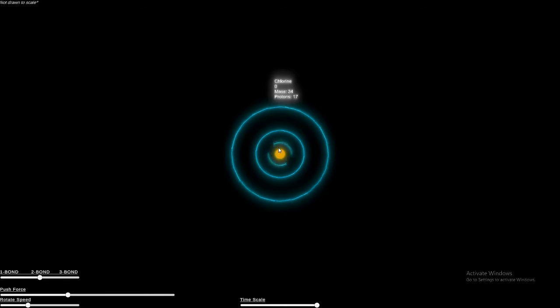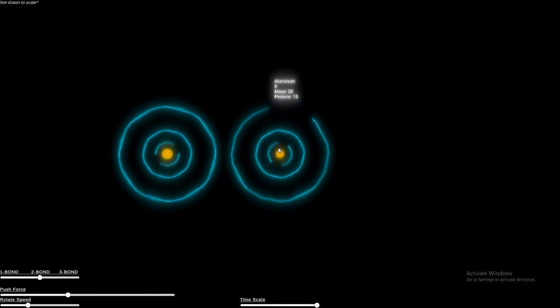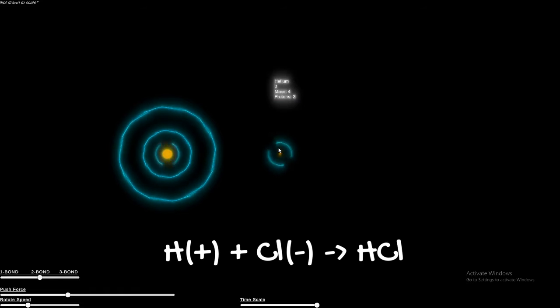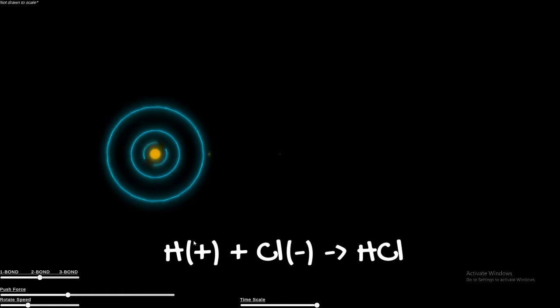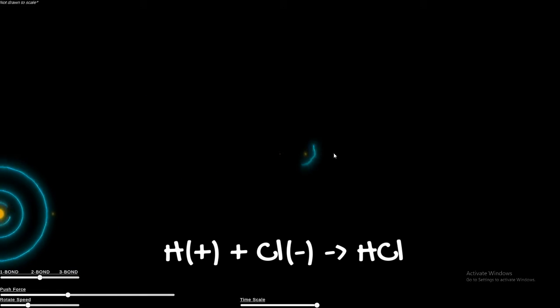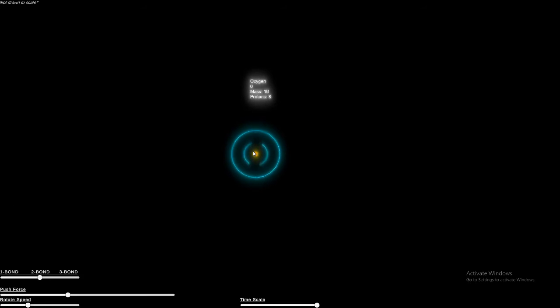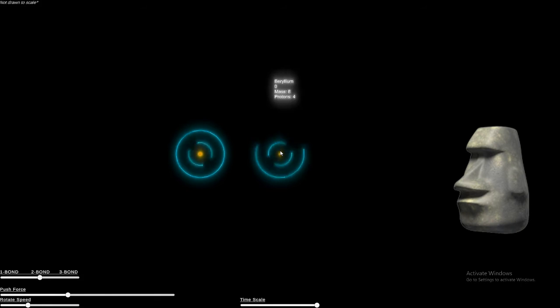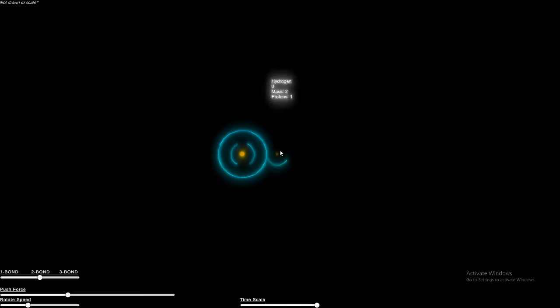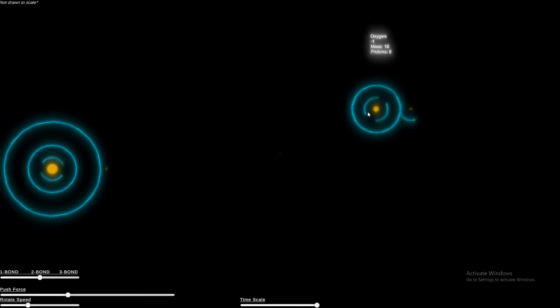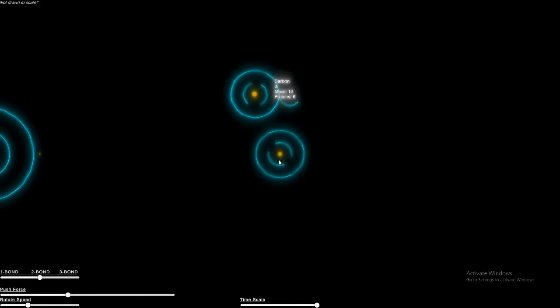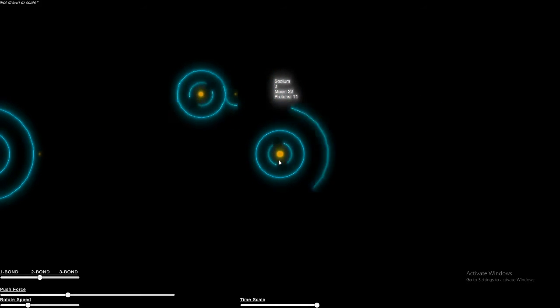I can demonstrate an acid-base reaction by mixing a negatively charged chlorine with a positively charged hydrogen ion to create hydrochloric acid, and then create sodium hydroxide by mixing a positively charged sodium ion with a negatively charged hydroxide ion.